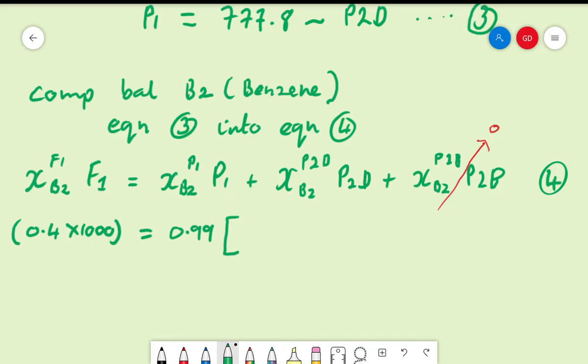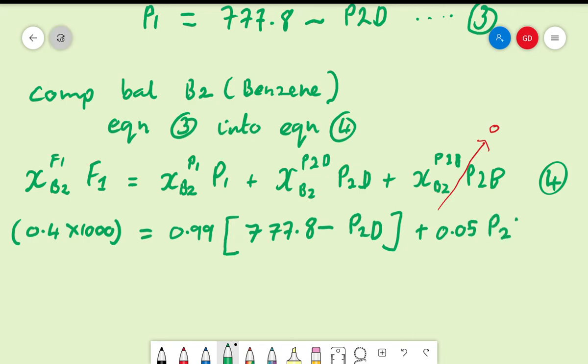Okay, instead of writing the P, we know that P1 is equivalent to that. So substitution. So now 777.8 subtract P2D, and so we multiply by that expression plus 0.05 P2D.